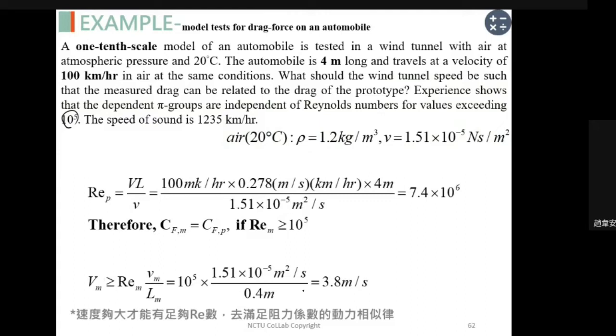Finally, we only need to require 3.8 meters per second velocity in the model, and then we can satisfy the Reynolds number for dynamic similitude. Notice there's a difference: we just converted the dimensional kilometers per hour to meters per second.